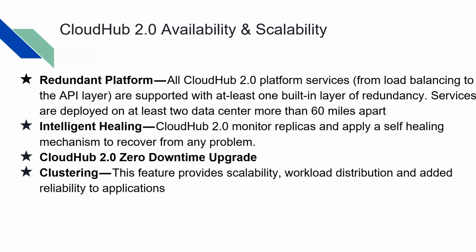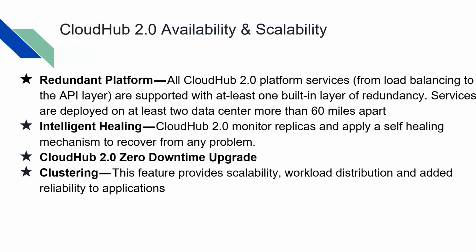CloudHub 2.0 has a zero-downtime upgrade feature. This feature you have to select. If you select it, and one application is already up and running and you are trying to deploy another, upgraded version of that application, then while deploying it, your customer or end user can still connect to the older version while the newer version is getting deployed.